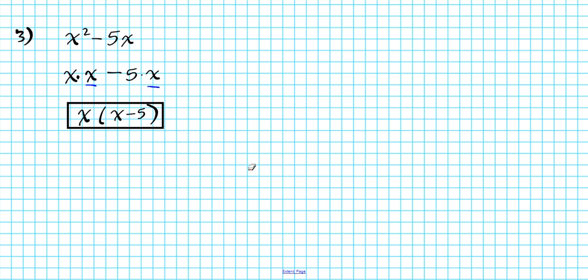So what you want to learn from this problem is that you really want to closely examine the problem you're given to make sure that it's consistent with a particular formula before you apply it. This is not a difference of squares, so you cannot use the difference of squares formula here.